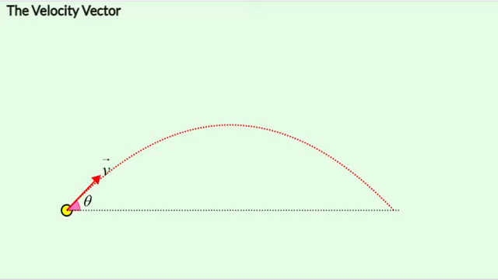So this motion seems a fairly complex motion, where the velocity changes in both magnitude and direction, and besides, the path is no longer a straight line as in rectilinear motion, but is a curved motion. So how is it possible to determine the displacement of the projectile at any given time t?